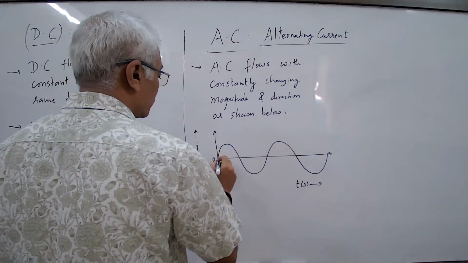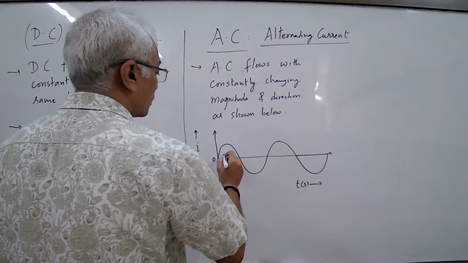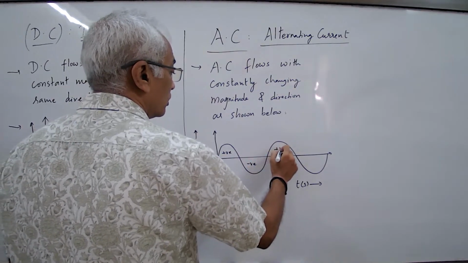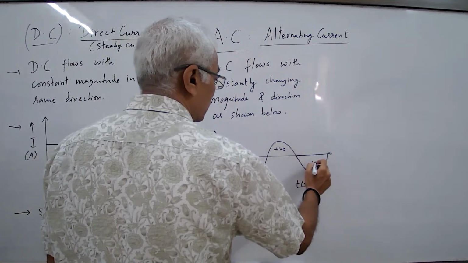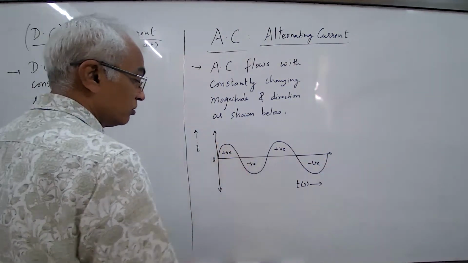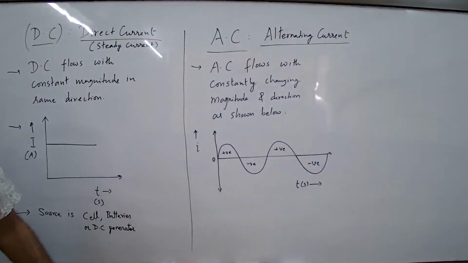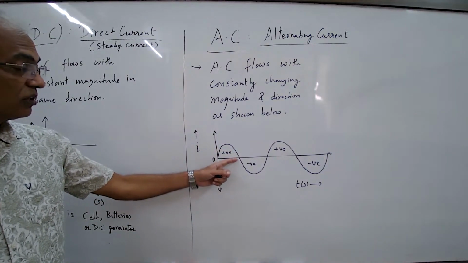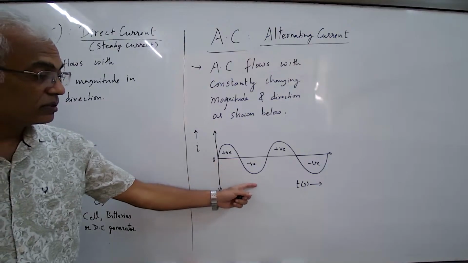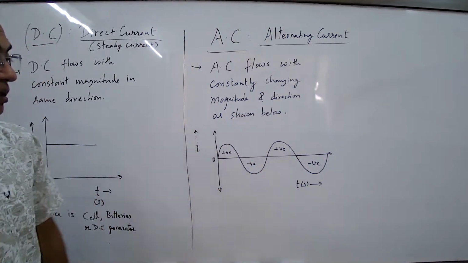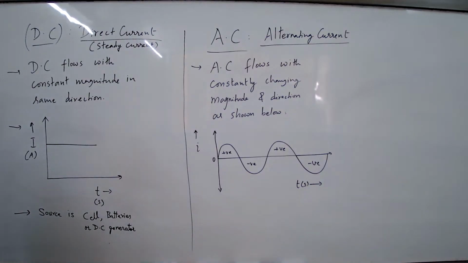This is 0. So it alternates between positive and negative direction, and the magnitude also continuously changes. Increases, reaches a maximum value, then decreases, reaches the minimum value, then increases in the other direction to maximum value, then again reduces, and so on and so forth.